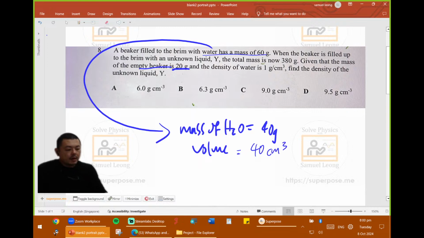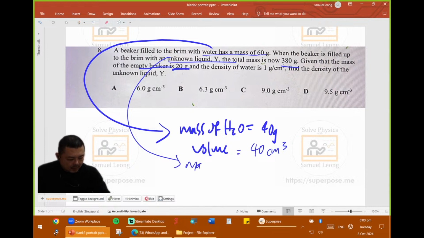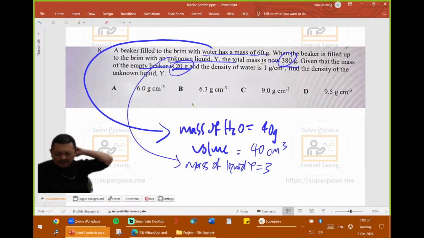Now when you fill it with an unknown liquid Y, the total mass became 380, right? So what is the mass of liquid Y? No, 380 minus 20. The beaker is 20.